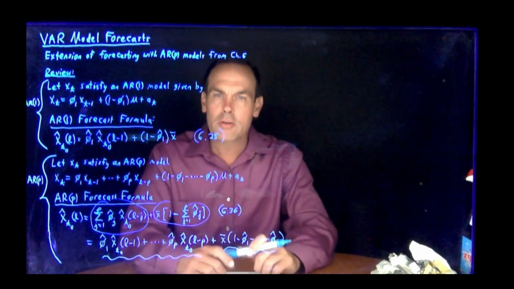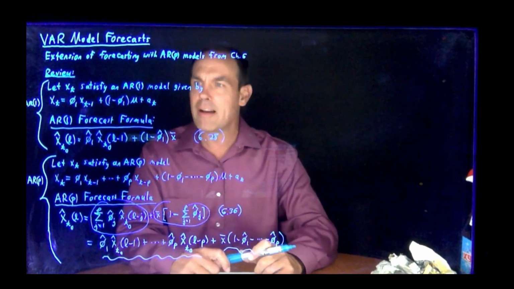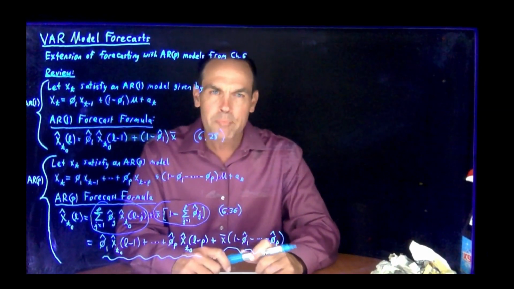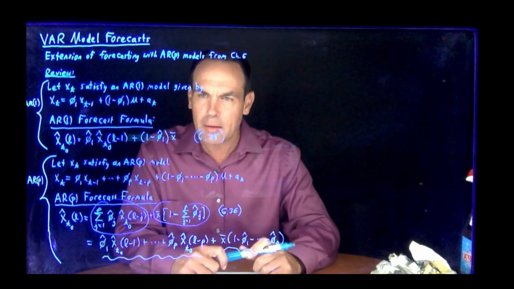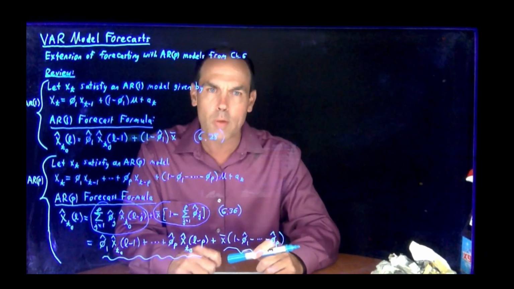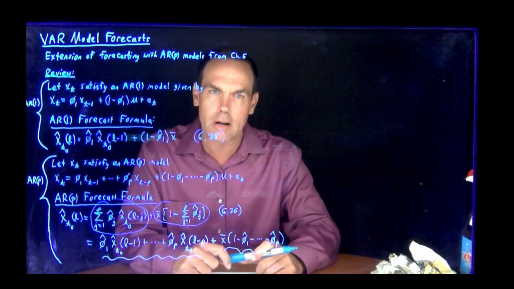Now, you may be wondering, this video is not supposed to be about AR1s and ARPs. That's correct, but as we said before, these formulas for the VAR model are very involved.